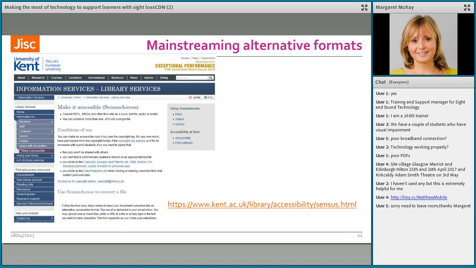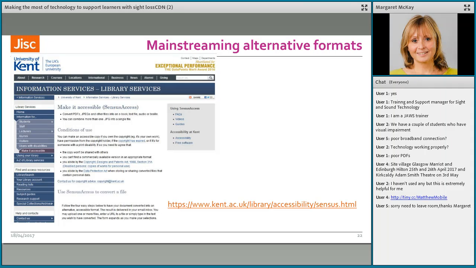So just moving on. One of the things that some institutions have done is try and look at mainstreaming, if you like, alternative formats. There's a service called Sensus Access, which is a paid-for service, but some institutions have provided it, and rather than having it seen as a disability tool, they've created it as a resource that library services host, but which can be used by staff and students right across their institution, allowing people to take one format and create it into another.